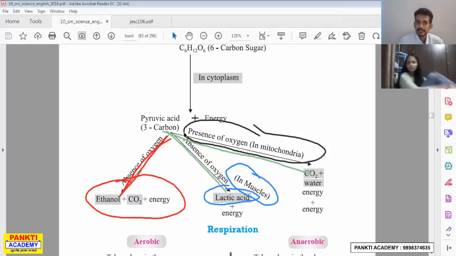And energy is released. The one with presence of oxygen is called aerobic respiration. And this lactic acid is the reason for the pain in your leg when you do such work, for 2-3 days.